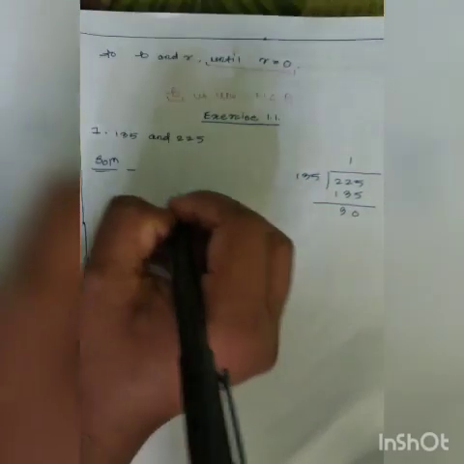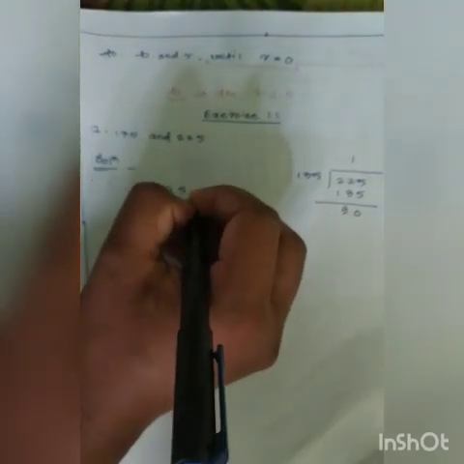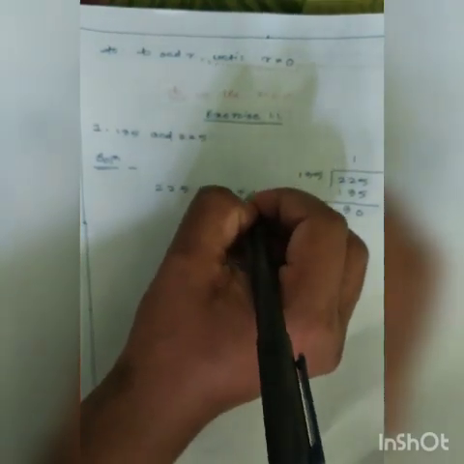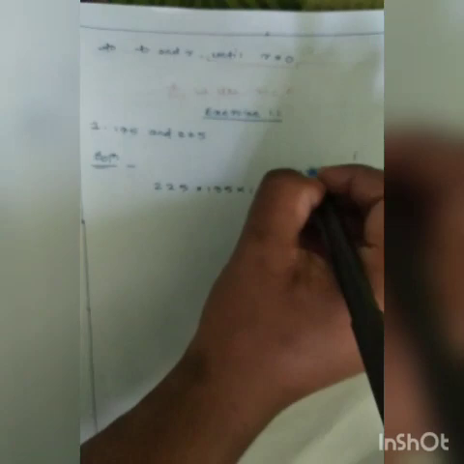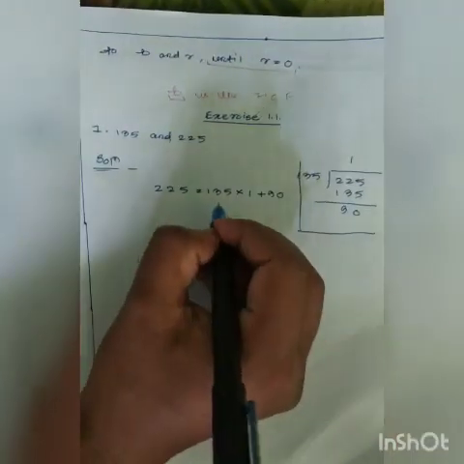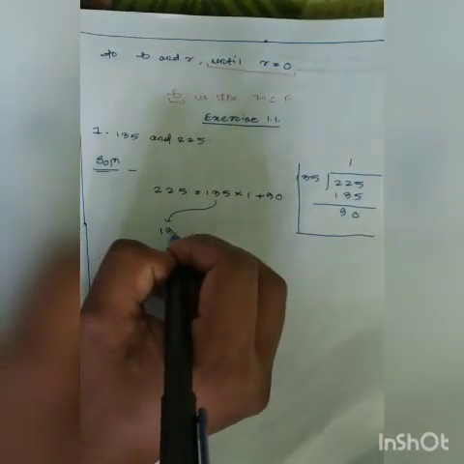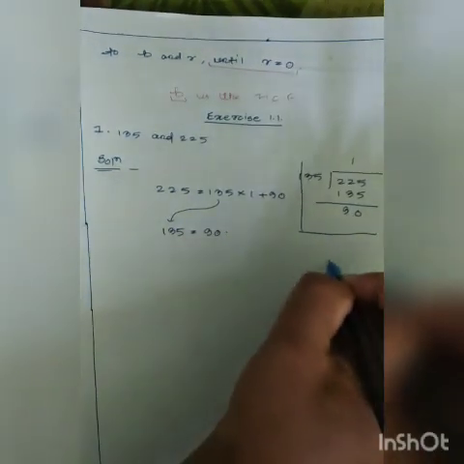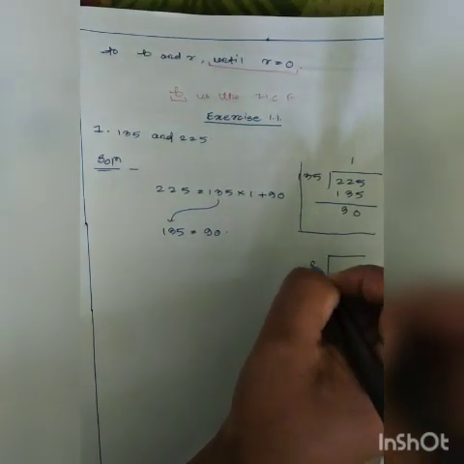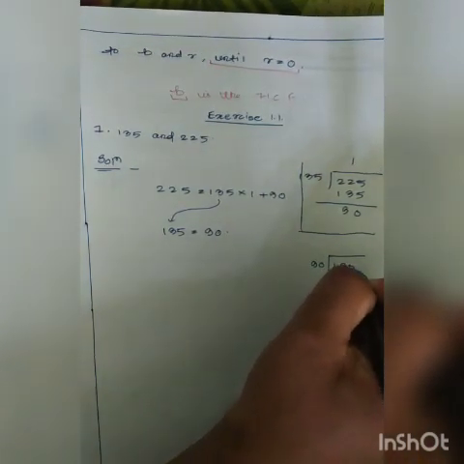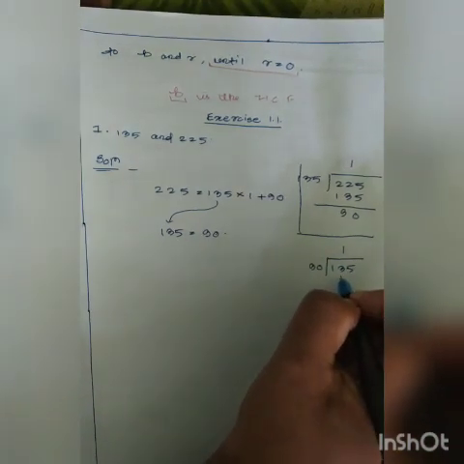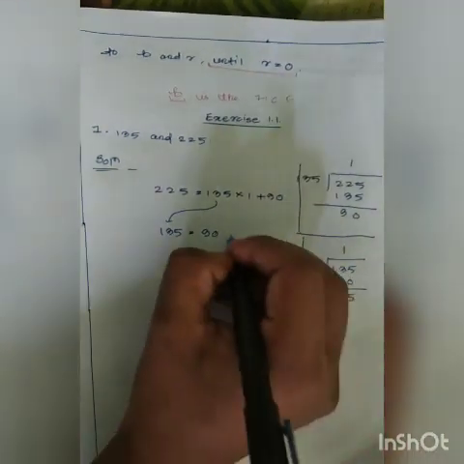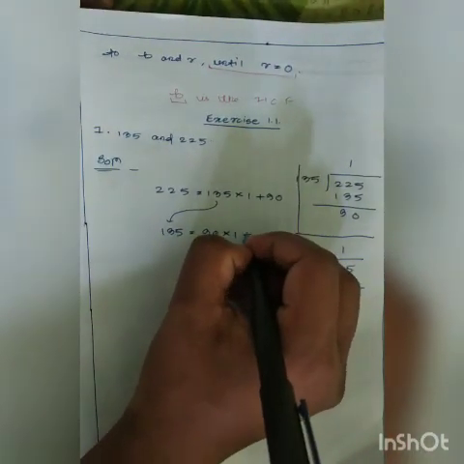According to the algorithm, the divisor will become the dividend, and 135 will be divided by 90. So 90 multiplied by 1 plus 45, the remainder is 45.